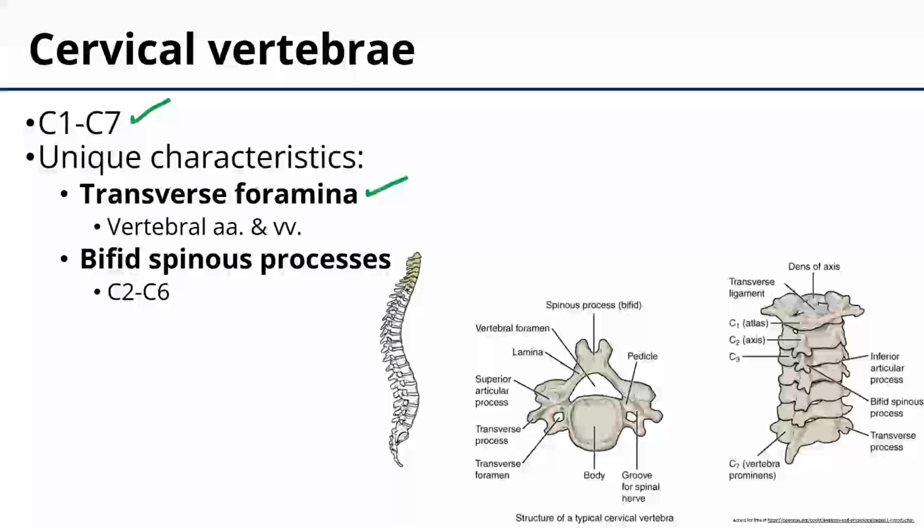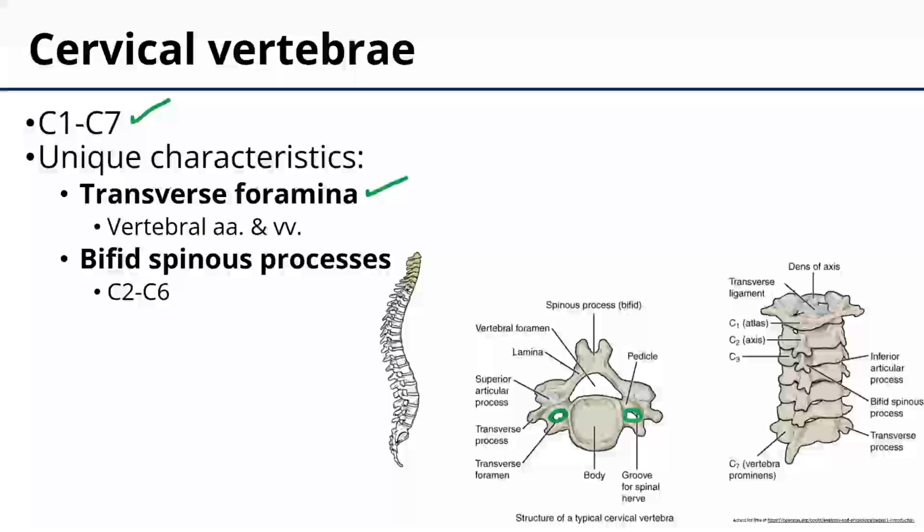Transverse foramina are in association with transverse processes, so we can see these foramina on this representative vertebra here. These are spaces through which vertebral arteries and veins, the blood supply to and from the cranial cavity, namely the brain, travel.